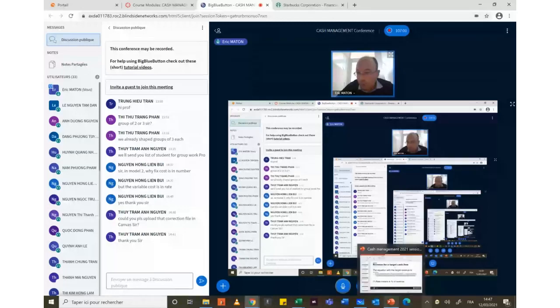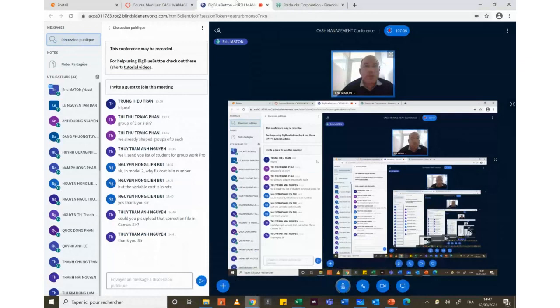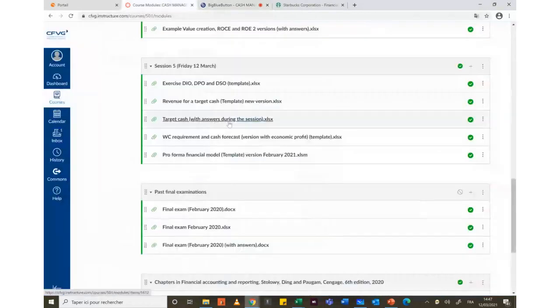I forgot the break. So we do the break and we continue after the break with the working capital requirement. So we do this Excel file after the session. We'll try to forecast the cash flows effect of a new product. So here is for a new product.